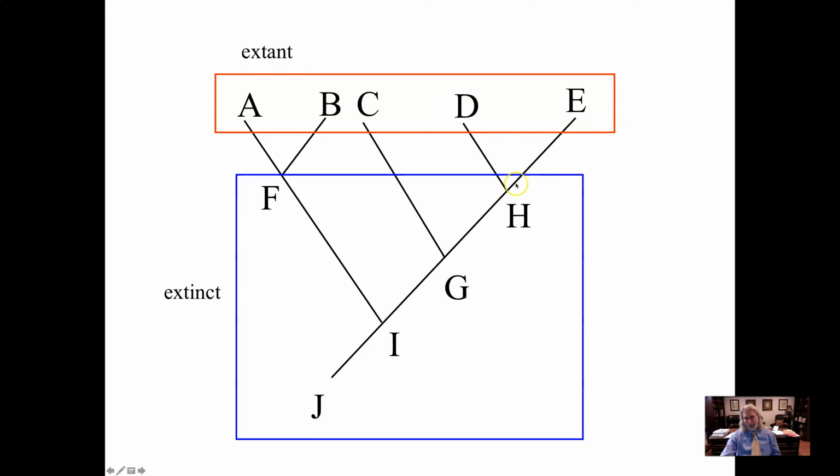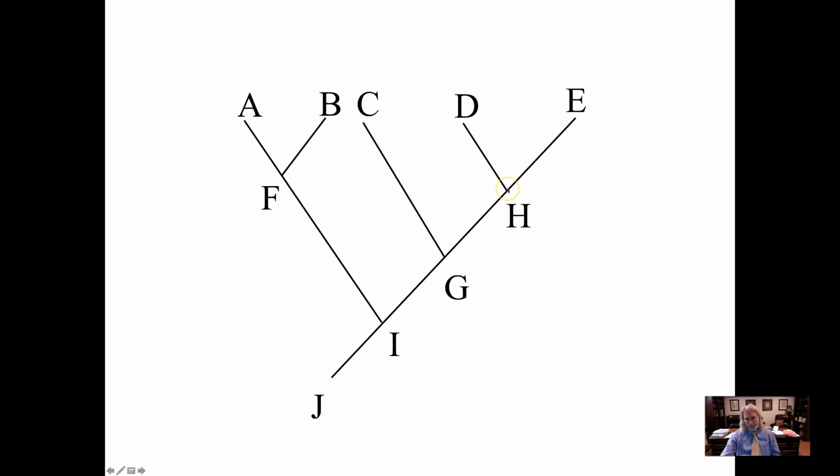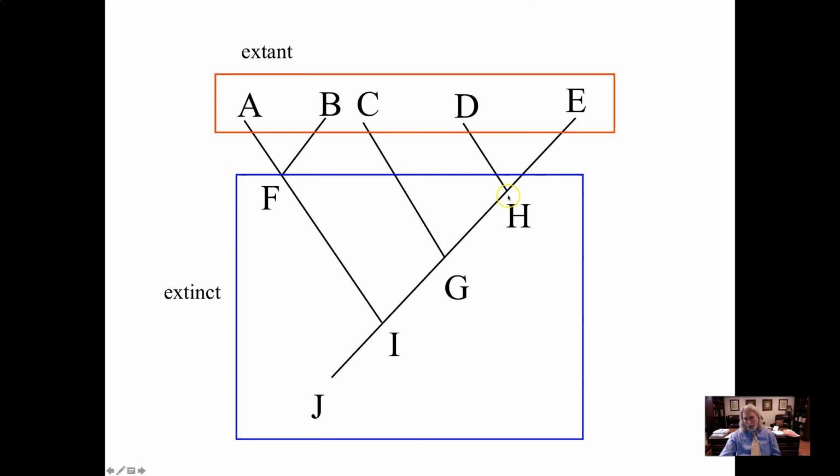They're more closely related because they're on the same fork. This branch point, as we talked about when we did the lab, indicates a common ancestor, and that's what these letters represent. They're extinct because they're down below the tips, that fork or branch.